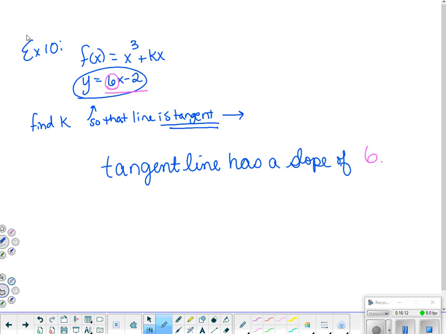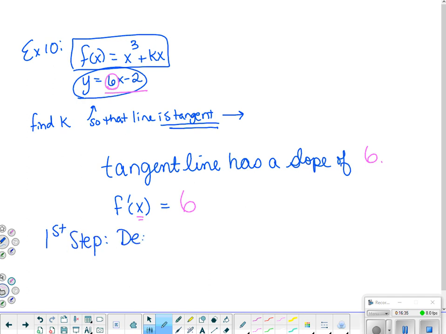How can I get information about slope from my original equation? I can take the derivative, and then set my derivative equal to this slope of 6. That should tell me the x value that yields the 6. So first step, let's find the derivative of f of x. f prime of x equals 3x squared plus what?